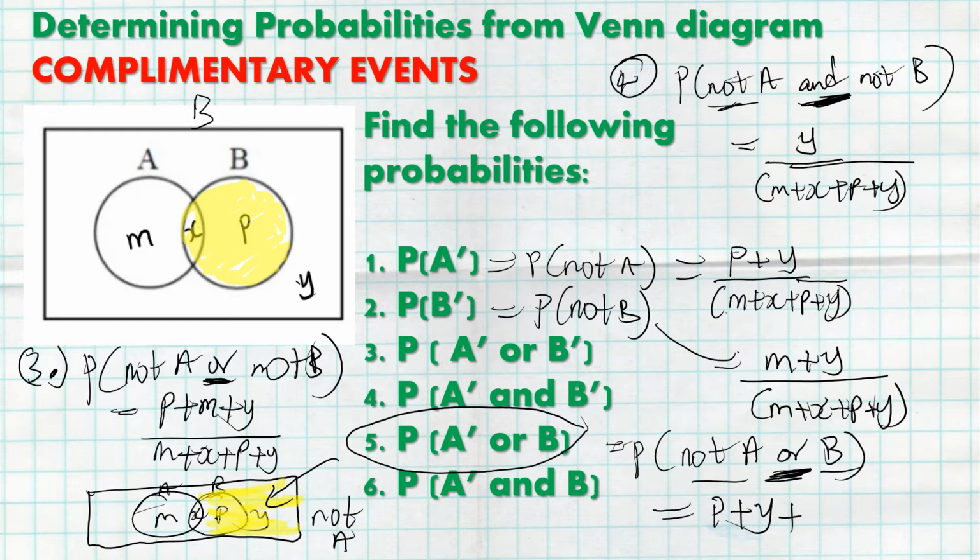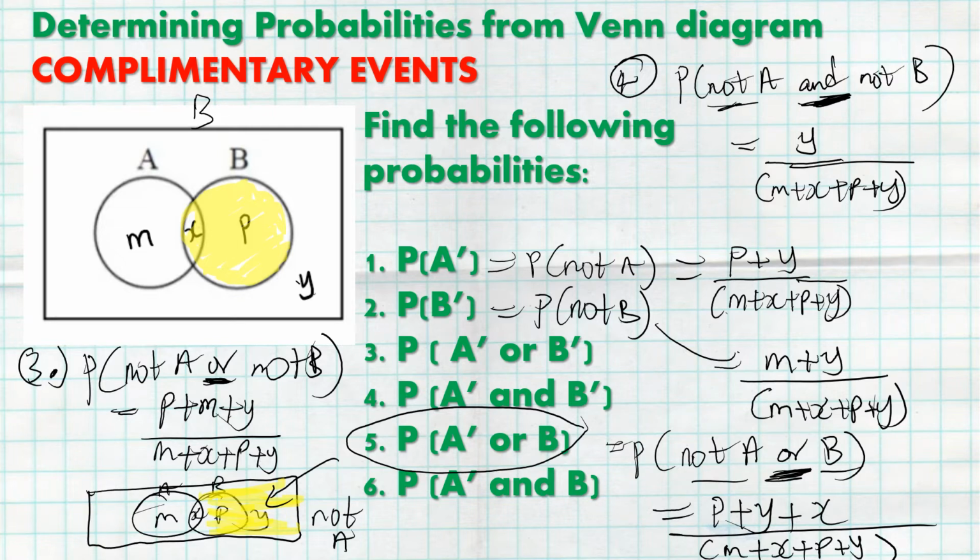And we also take everything in B, but without repeating, right? There is X plus, we would take P, but we have already taken P there, so we don't have to repeat that. Okay, so we take all those things and we divide by the total number of the sample space, M plus X plus P plus Y.